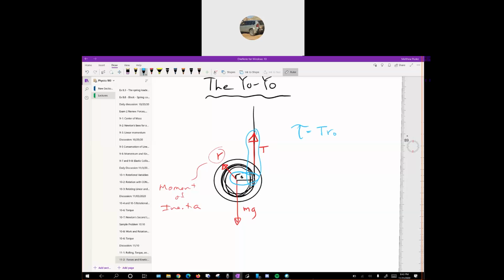And if we look at this just like the inclined plane problem we just did, except we change this angle theta from whatever it was.